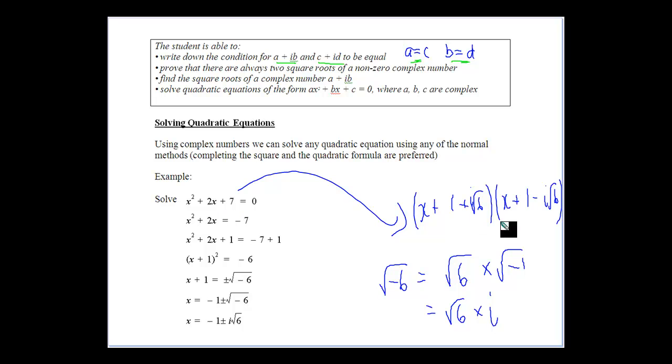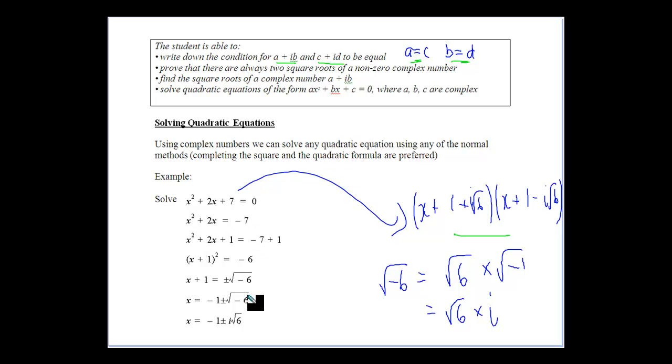This situation would give us a negative number under the square root, so it's not going to factorize nicely.